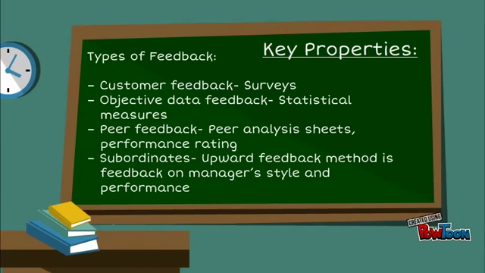Upward feedback method is feedback on manager style and performance. Feedback is important for organizations to take into account because it enables evaluation of performance, consistency, and to find out whether there are any problems that they need to fix.